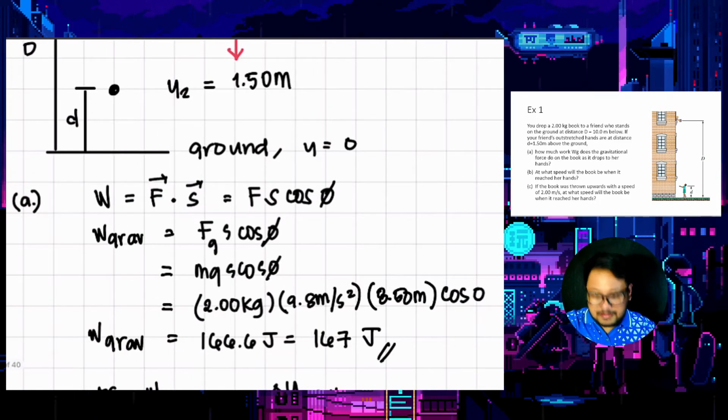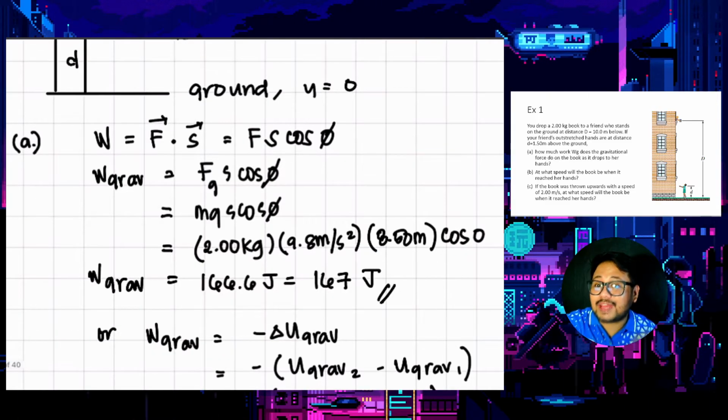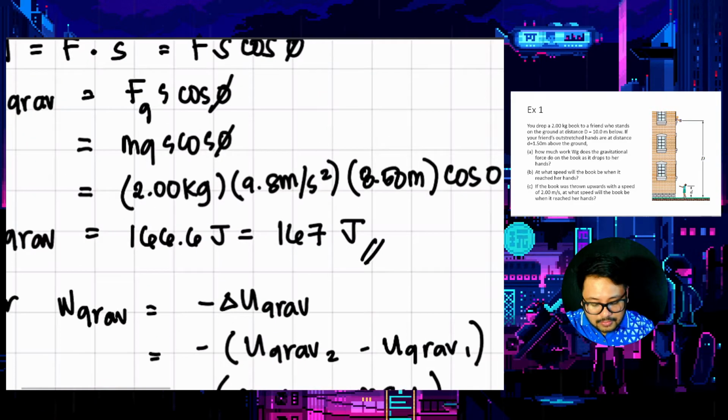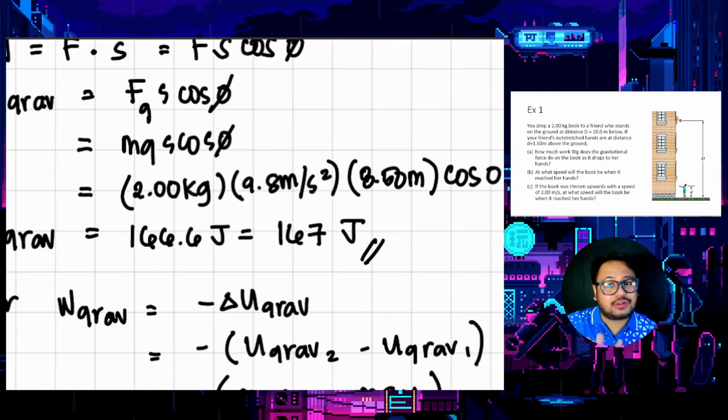But there are people who want to answer this one just by using the potential energy, or the gravitational potential energy, wherein we had this one. The work done by gravity is just equal to the negative change in gravitational potential energy. Change, that is final gravitational potential energy minus the initial gravitational potential energy.